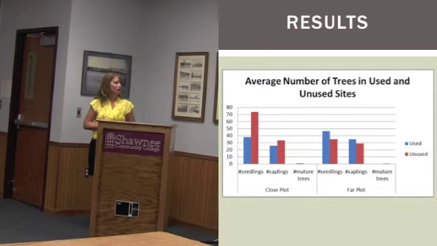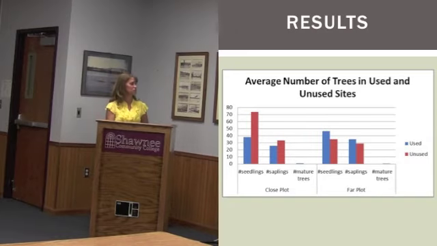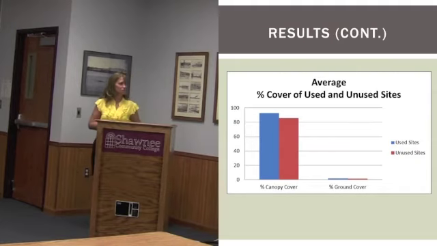But the ground cover and the saplings were not significantly different, and neither were the mature trees, which we did not expect. Our canopy cover in a used site should have been much less, but again, we didn't find a lot of trees.